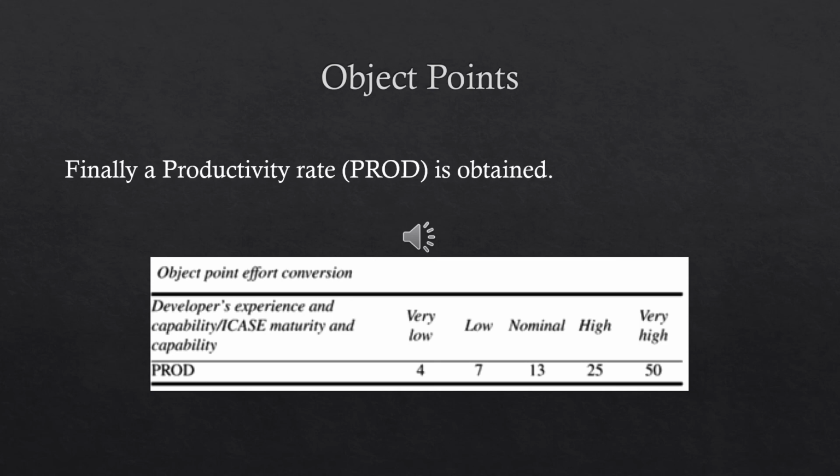The productivity rate may be very low, low, nominal, high and very high. If the productivity rate is 13, it is considered here as nominal. A value below 13 is low productivity and a value greater than 13 is high productivity.